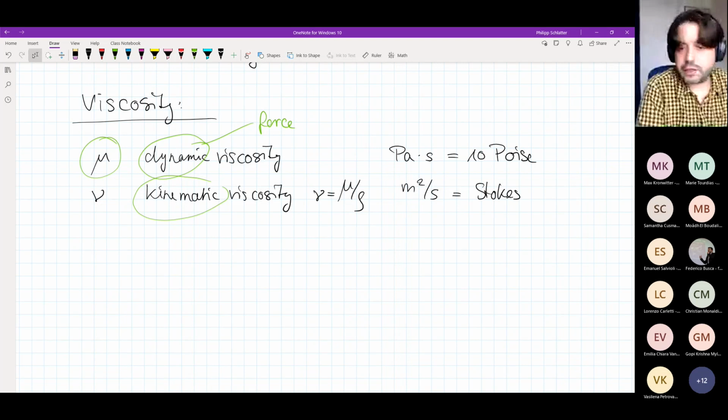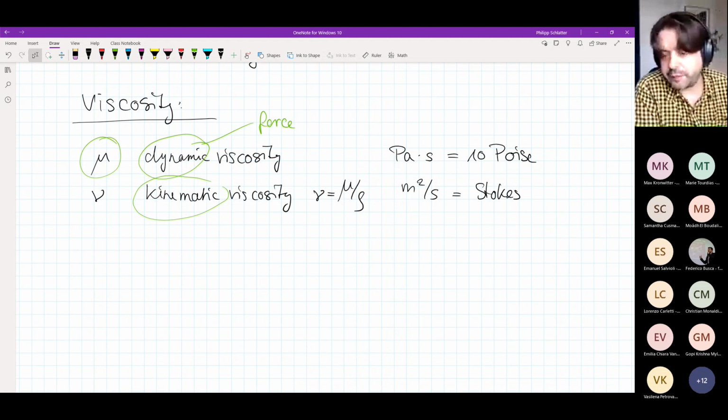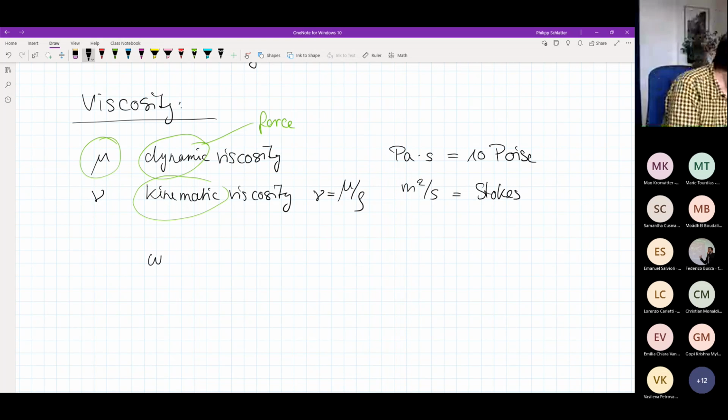Another thing that is important when talking about viscosity is to have an idea of how big they are. What are typical values of the viscosity? And of course, the two fluids that we mainly look at or work with are water and air. Water being a liquid, and air being a gas.